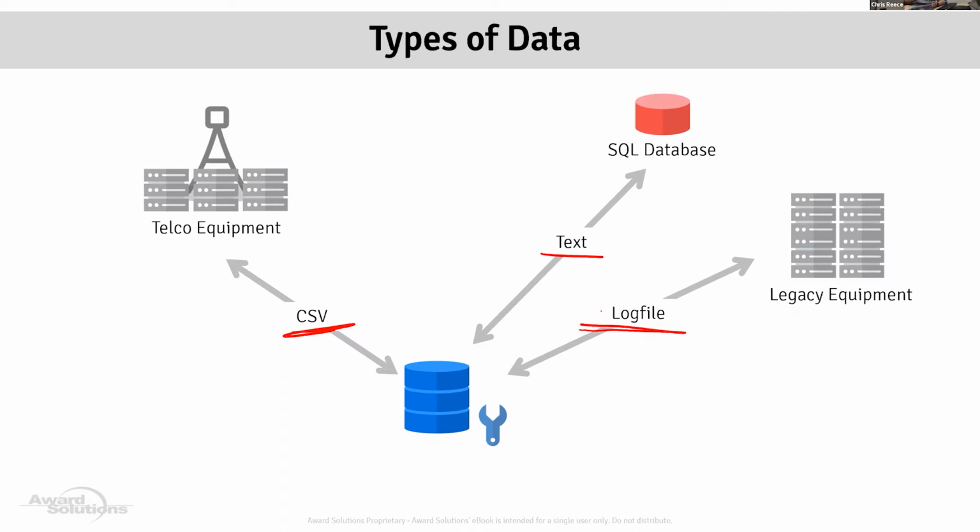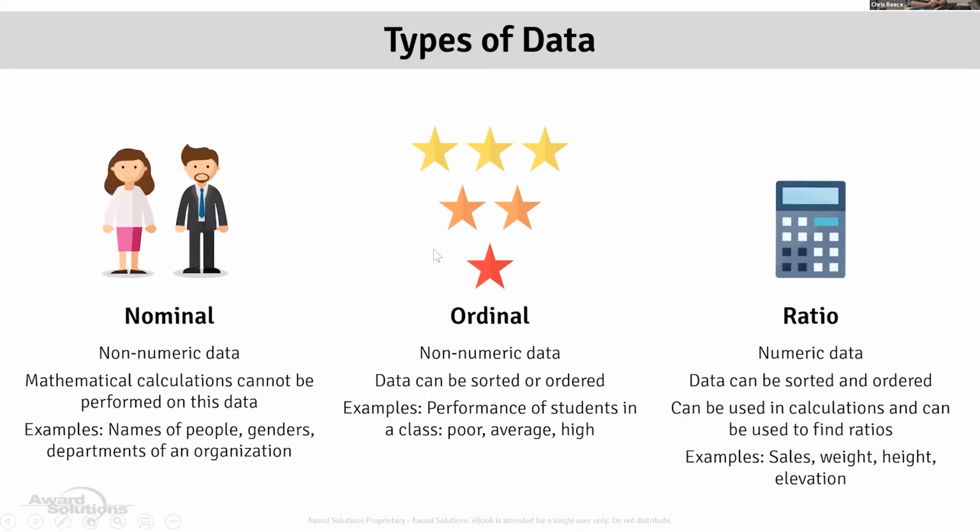All right. So one more slide with respect to what we need to do to actually process the data. We've talked a little bit about sources of the data, the mechanism that I can get the data, and now we're talking about the formats the data may come in. Let's talk about the nature of the data itself. There are three basic types of data.